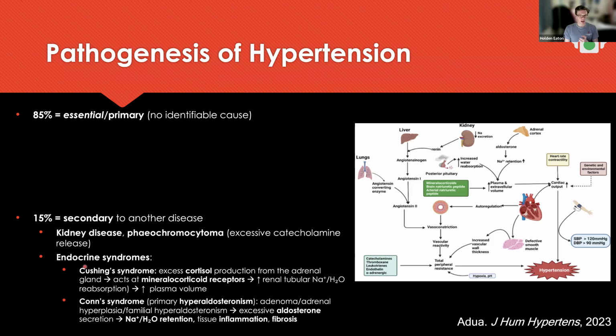You could also have a stenosed renal artery, and that reduces the blood flow to the kidney, makes the kidney think that there's low circulating volume and low blood pressure, and causes it to kickstart an increased pressure natriuresis response. Anything like that.